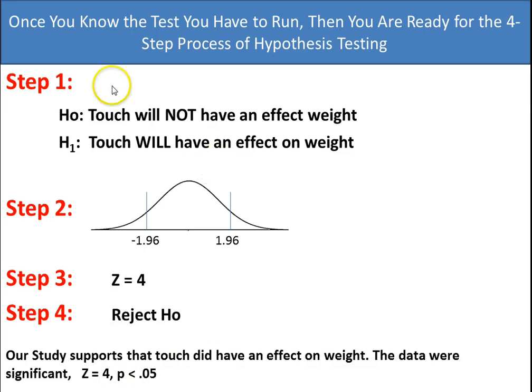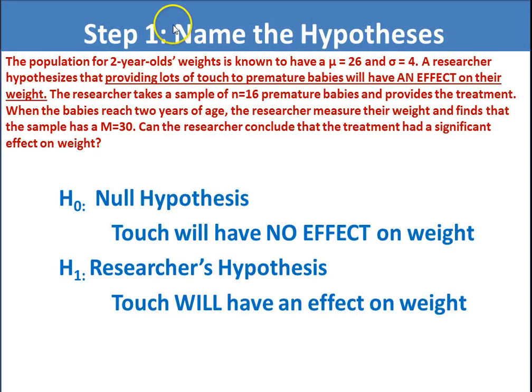In order to be able to carry out this 4-step process and to write up results demands that you understand how to do each step, which is what we focus on the remainder of this video. So step 1 is to name the hypotheses, and there are 2 hypotheses that you would name in step 1.